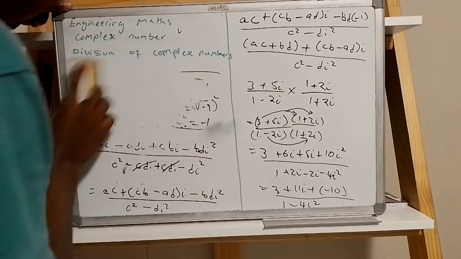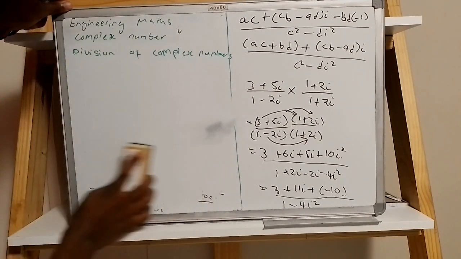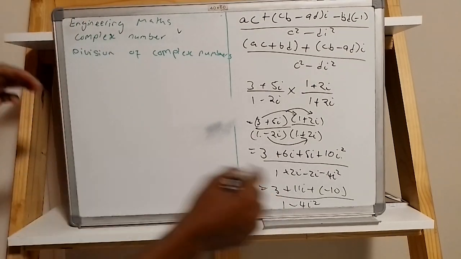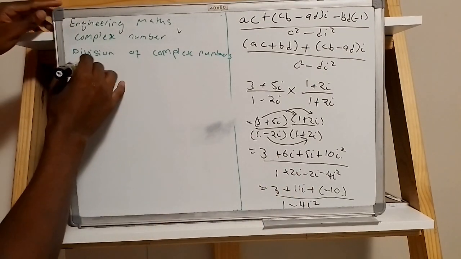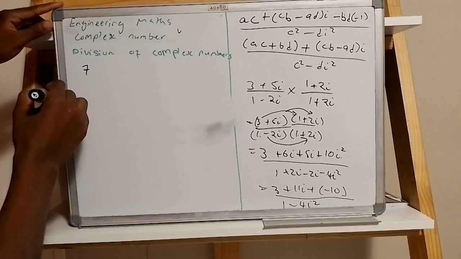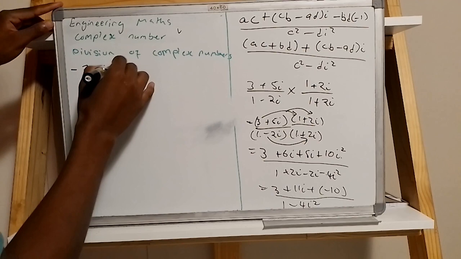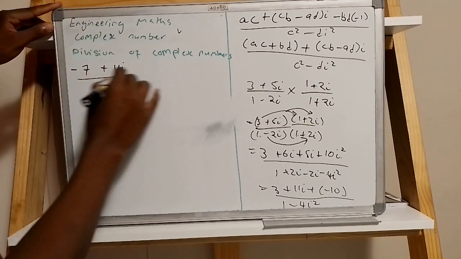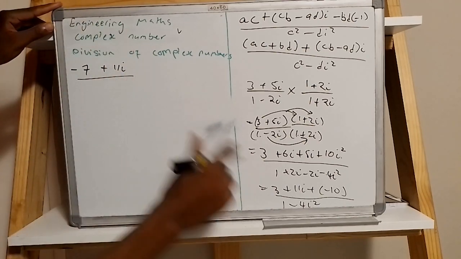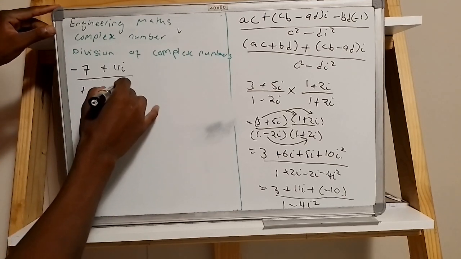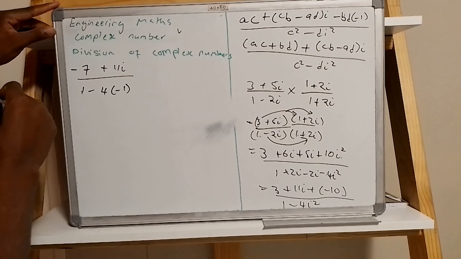Now that will give me negative 7 plus 11i over my 1 minus 4 times negative 1. Right?